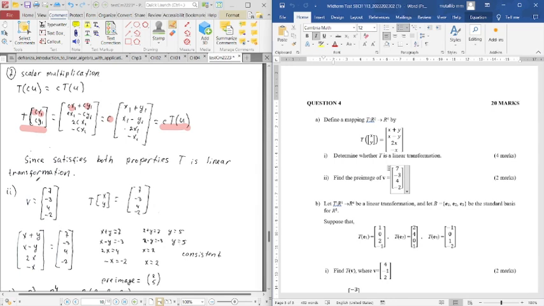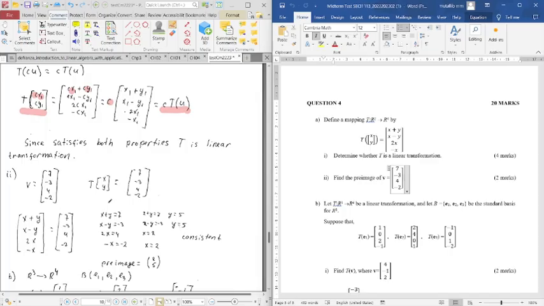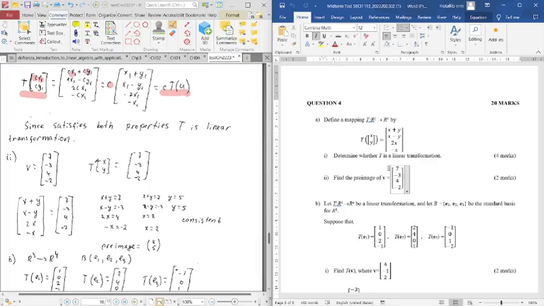To find the pre-image, we just substitute. We need to make sure that the transformation of the given vector is equal to the image. So we set the given transformation equal to the image.